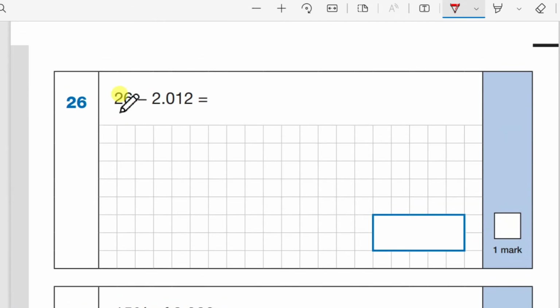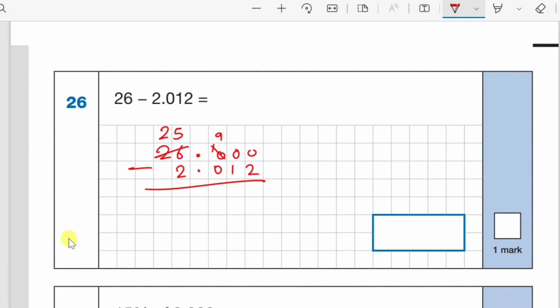So we have 26 minus 2.012. Kind of like another question. Here you're going to firstly write 26, line up the whole numbers and 2 underneath. Then you line up the decimal, 0, 1, 2, 0, 0, and then we subtract. Because we've got nothing, you can't do it, so we're going to borrow from the 26. That becomes 25, yeah? And then you give the 1 here.